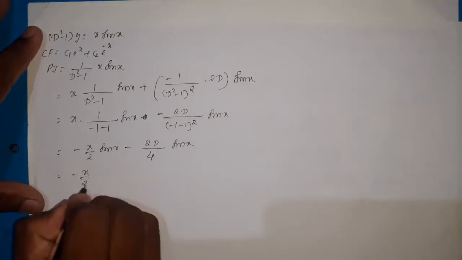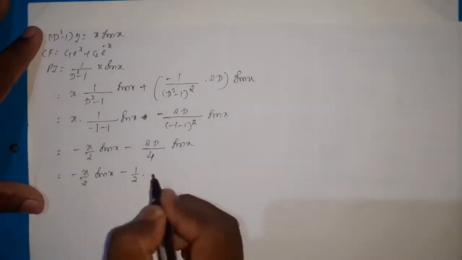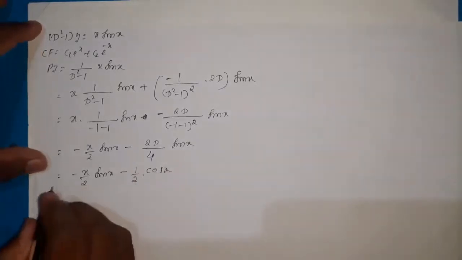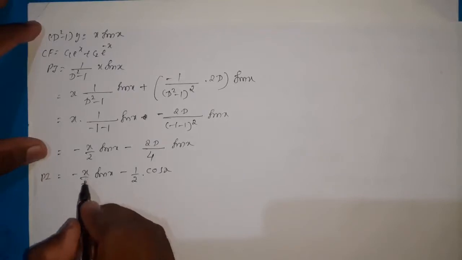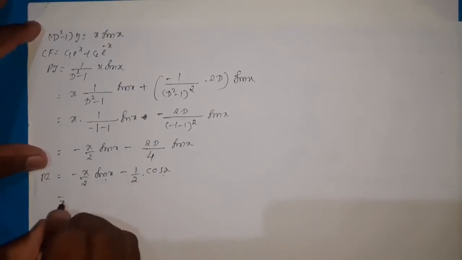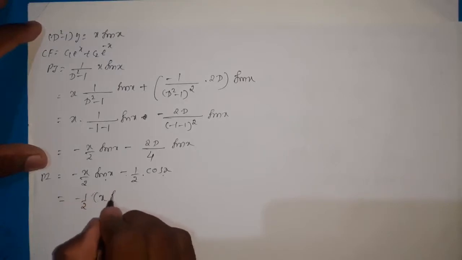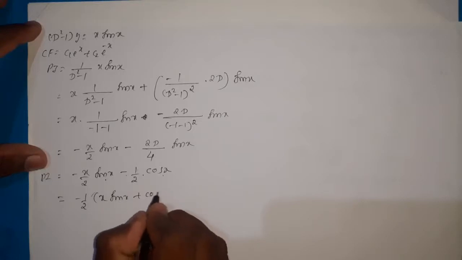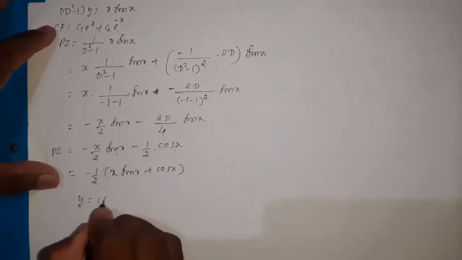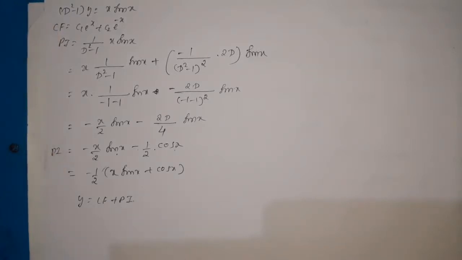Then minus x by 2 sin x minus 1 by 2 into differentiation of sin x, which is cos x. So therefore here minus x by 2 sin x minus 1 by 2 cos x, or I can take minus 1 by 2 common, remaining x sin x plus cos x. Then write the complete solution y is equal to CF plus PI.